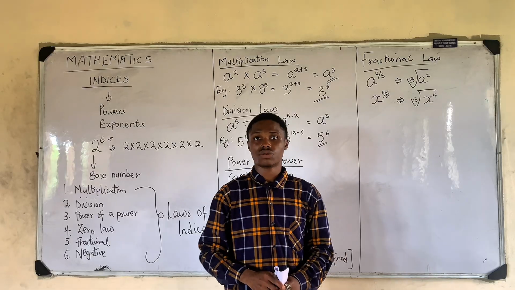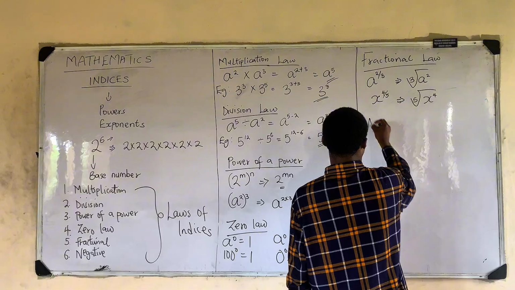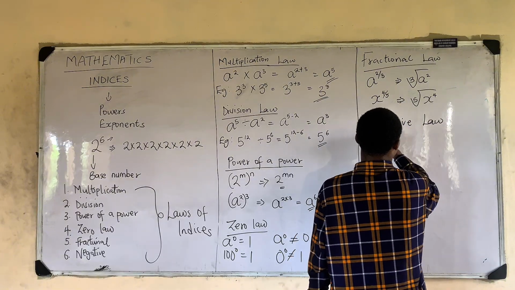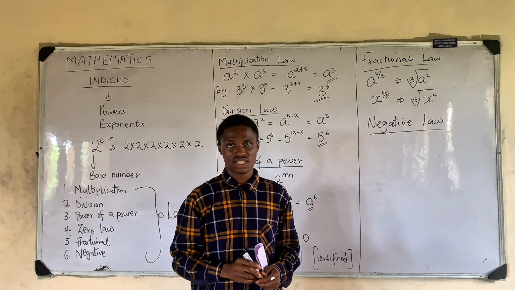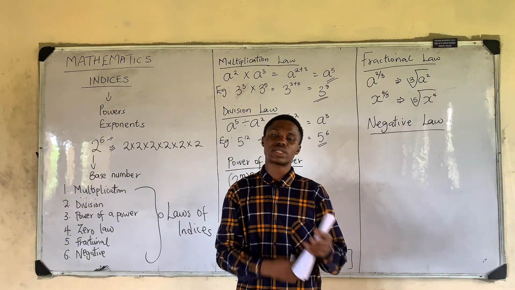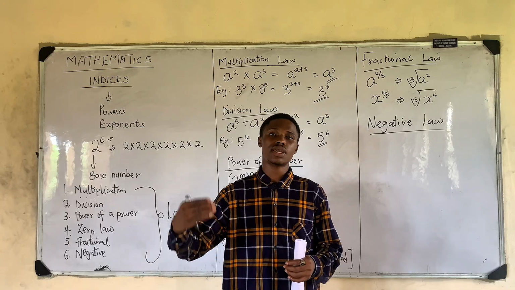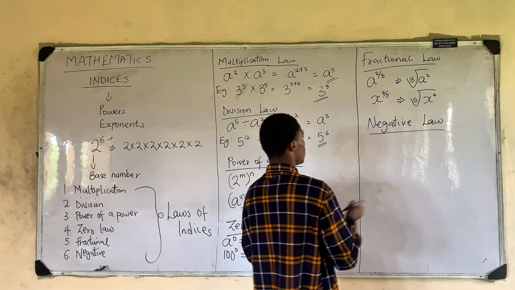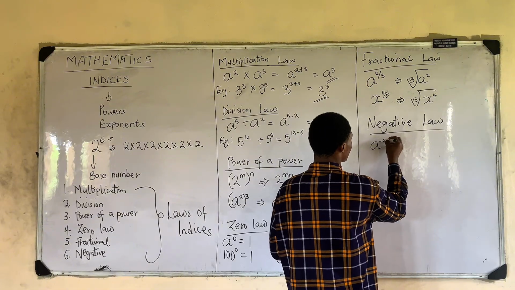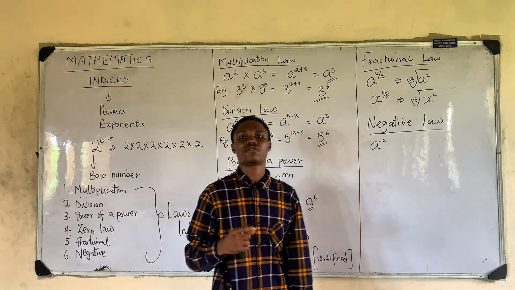So this is another method of writing this particular value. Another law we have here is the negative indices, or the negative law. Let's look at the negative law of indices. When the power of the base is a negative value, we reciprocate the base. In other words, we take the inverse of the base. So here we have, for example, a raised to the power minus 2. If you look at the board, the minus 2 is a negative number, right?